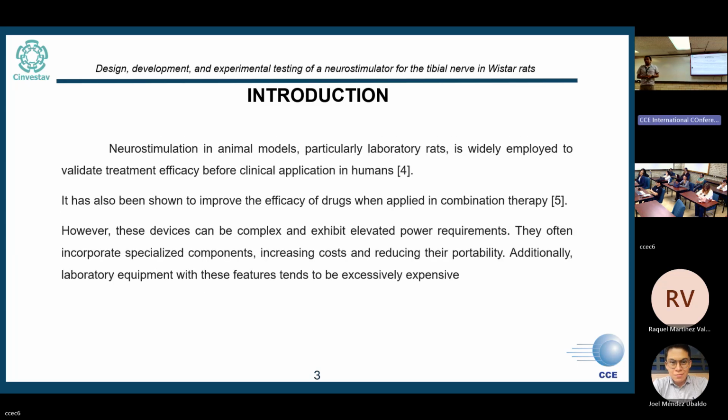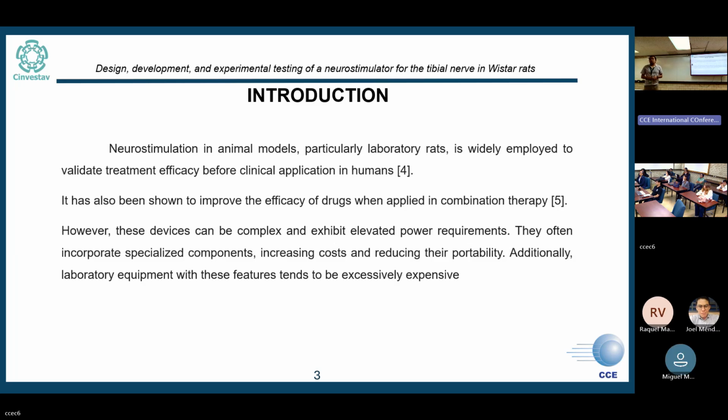Neurostimulation in animal models is particularly used to test pharmacological treatments or drugs, for example, a new treatment like a surgical procedure. In combination with this type of new treatment, it may show more efficacy in the treatment of some disease. However, this type of device is expensive.